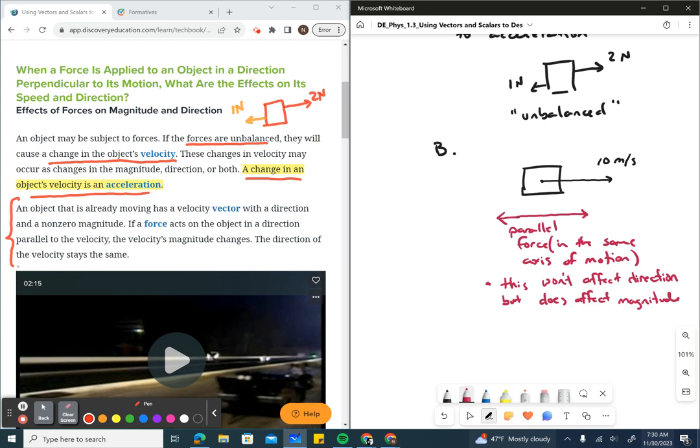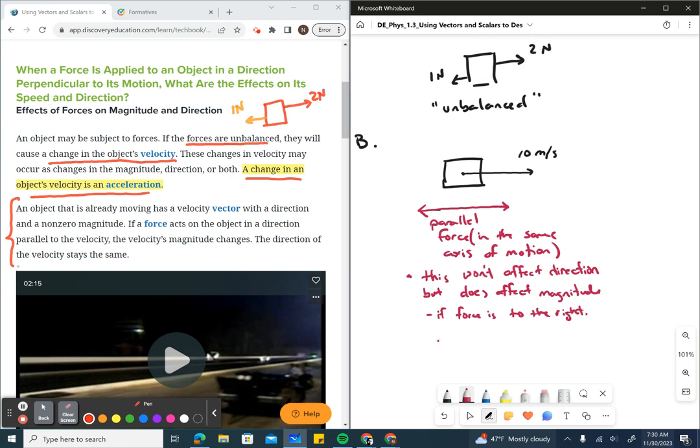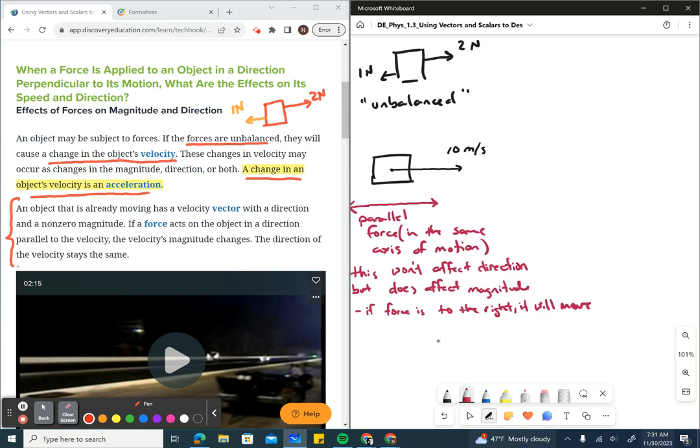If it's pushing to the left, it'll move slower. If the force is to the right, it will move faster.